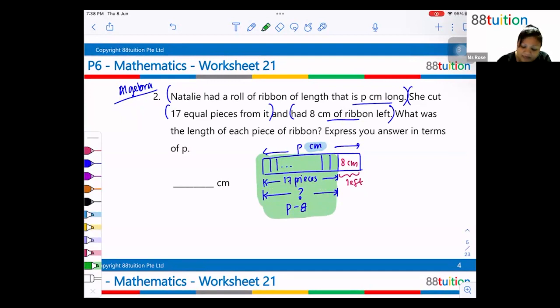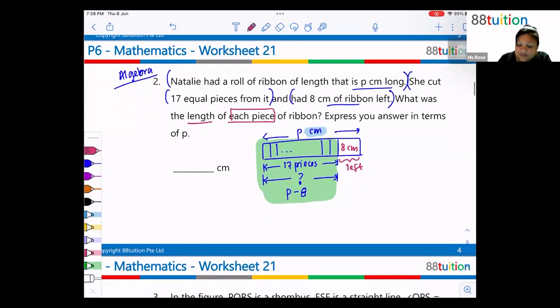So the total length of the 17 pieces is P minus 8 cm. I put my brackets because the cm belongs to both items. To find the length of one piece, I have to take this divided by 17. So my answer is P minus 8 over 17.